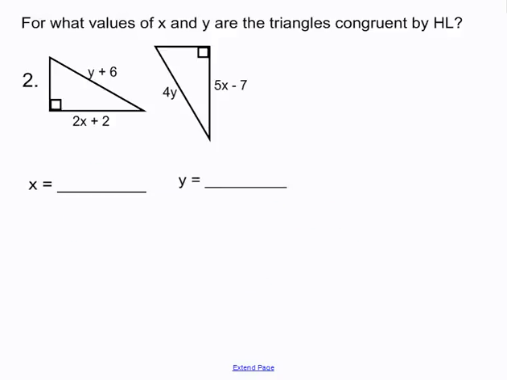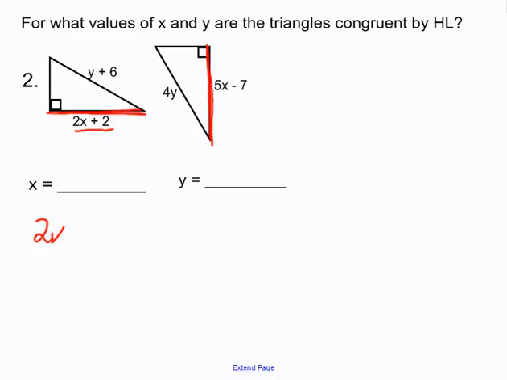All right, this next problem is systems of equations. Actually, no, this one's not. We're going to find the value of x and y. So I have to see which parts are corresponding. I'm going to start with x. This is a leg, the longer leg out of the two. So this one is going to correspond with the longer leg on the other one. So 5x minus 7. If those triangles are congruent, then these legs are the same.